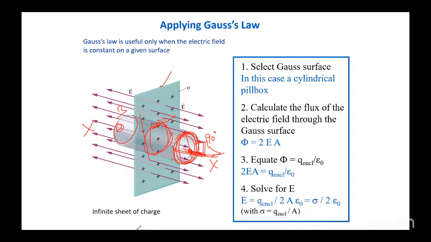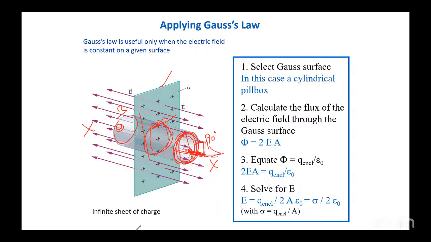So by using the Gaussian surface, which is in the form of a cylindrical pillbox, by calculating the flux of the electric field strength through the Gaussian surface, which gives you 2E, or by equating the phi value Q by epsilon naught using Gauss's law, 2E is Q by epsilon naught, or else Q by 2A.